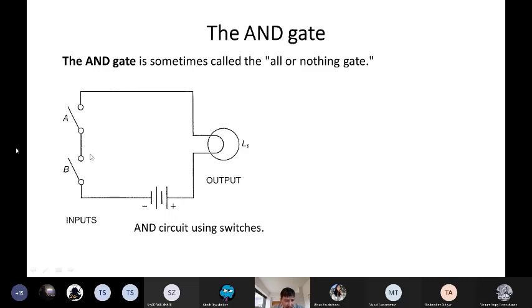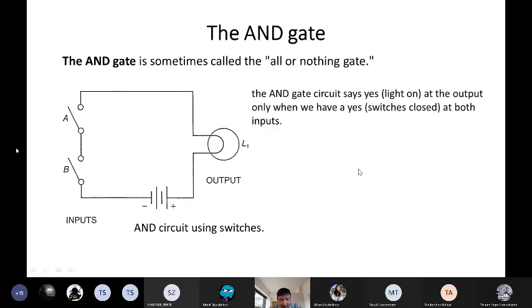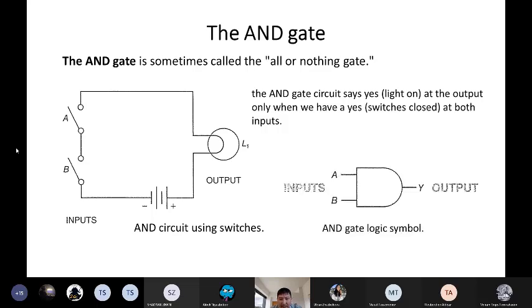If they're both open, the lamp will not light. If one of them is closed and the other is open, it also will not light. It will light only when both switches are closed simultaneously. In simple words, the AND gate circuit says yes, light on, at the output only when we have yes at both inputs. I think it's clear and very understandable.